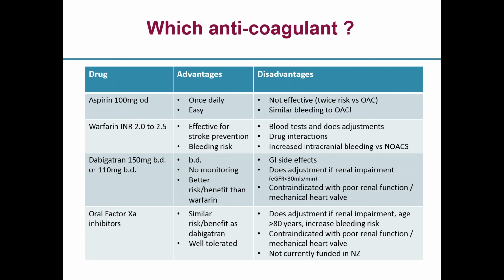Most unfortunately, though, they aren't currently funded, so that's a challenge to their use. So mostly we're talking about Dabigatran. Again, the biggest thing is to remember renal function and a dose adjustment down for older people.